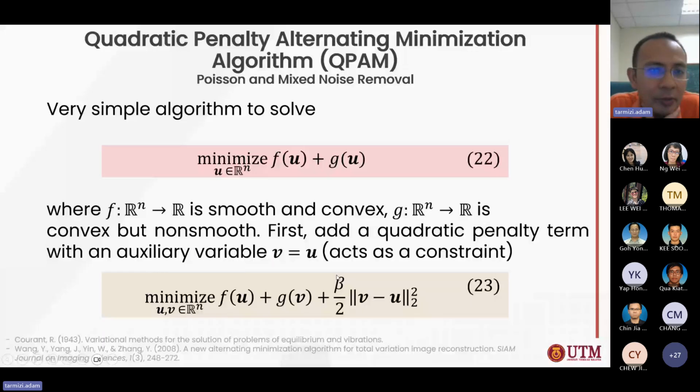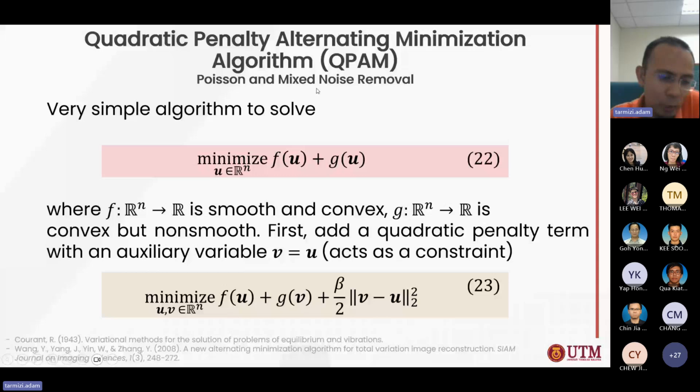The last algorithm that I want to overview is what we call the quadratic penalty alternating minimization algorithm, QPAM. In this QPAM method, I will give an example on removing mixed noise.